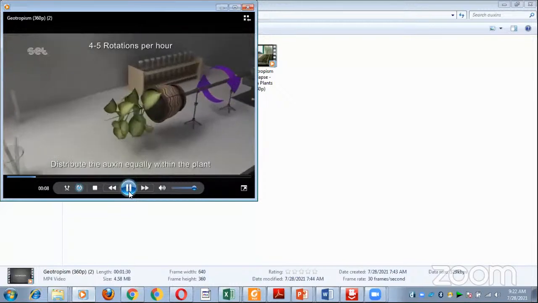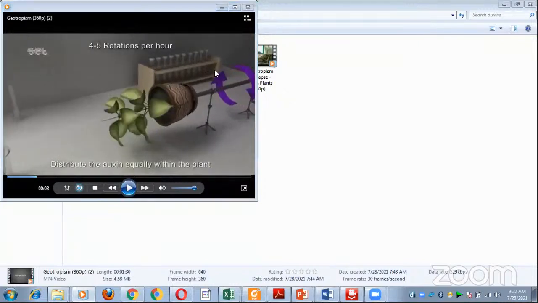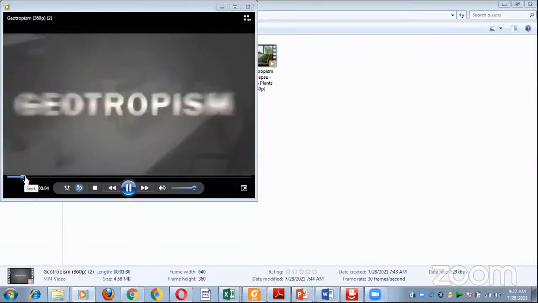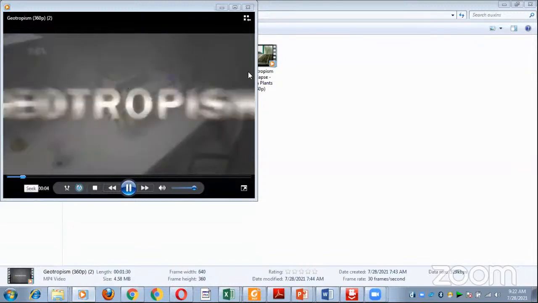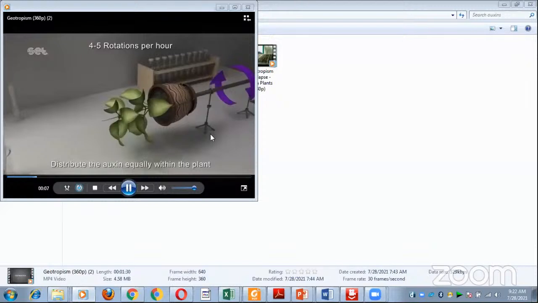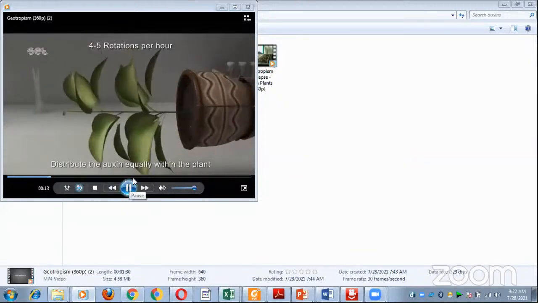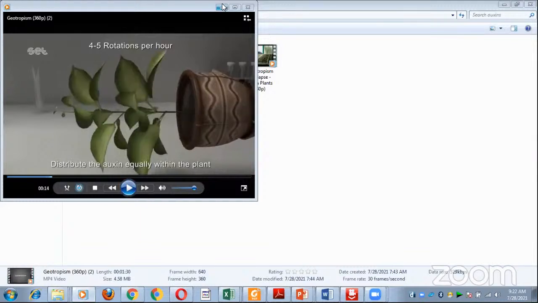Geotropism. Now, what you are seeing here is a clinostat. In order for equal distribution of auxin in a plant, the plant is assembled to a horizontal mechanism. If you can see it being played, you can see the plant rotated about four to five times as the clinostat rotates.